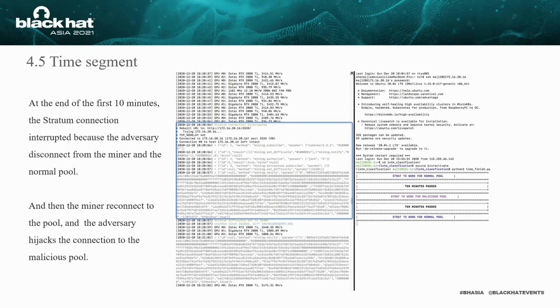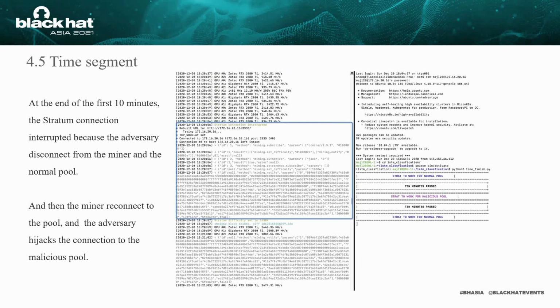At the end of the first 10 minutes, the Stratum connection is interrupted because the adversary disconnected from the miner and the normal pool. We can see the connection is interrupted. And then the miner reconnects to the pool, and the adversary hijacks the connection to the malicious pool.